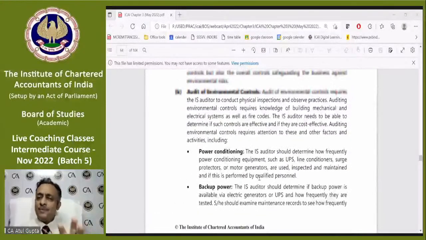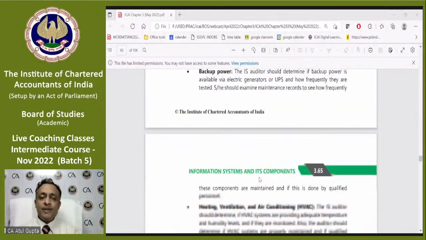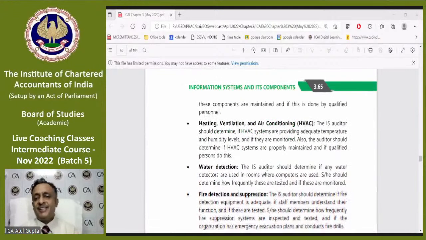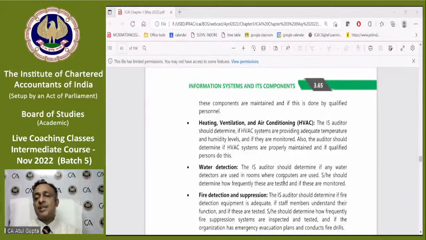If any new word comes, the audit is looking for its effectiveness. Yes, this is a new word: HVAC, as they call it in computer language. The IS auditor should determine whether heating, ventilation and air conditioning systems are providing adequate temperature control and humidity.